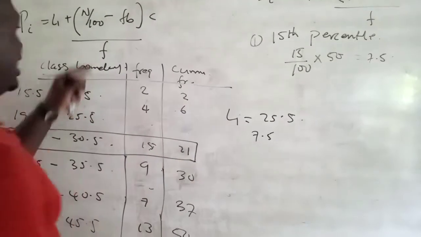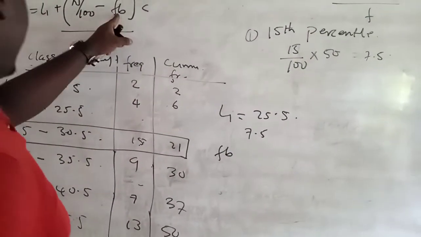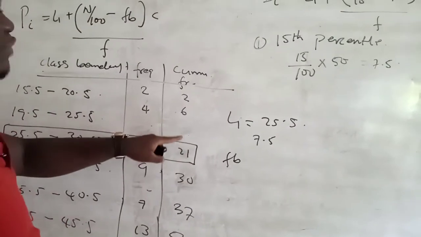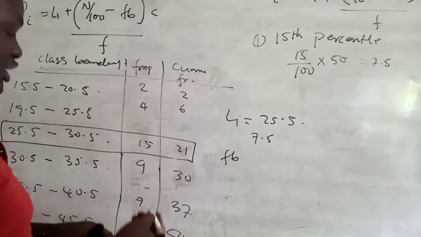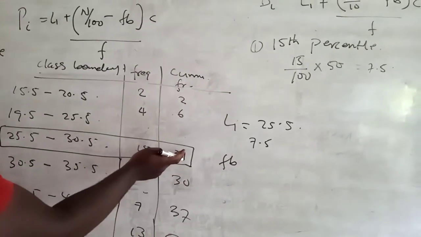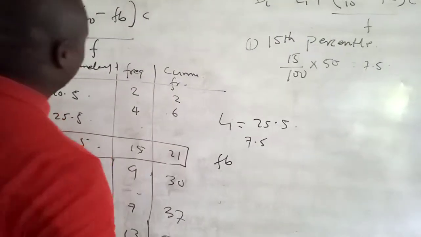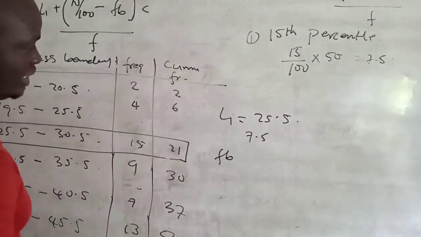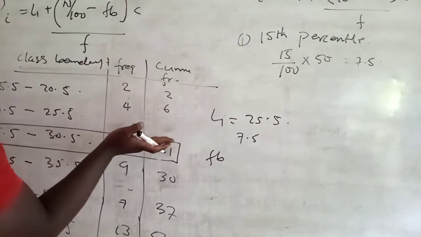Good. The next thing is FB. And FB is our cumulative frequency before the class of the nth quartile, which is our quartile, now the percentile. The percentile, not quartile, please. I keep on making this mistake. I don't know why. So this is our cumulative frequency before this class, right?